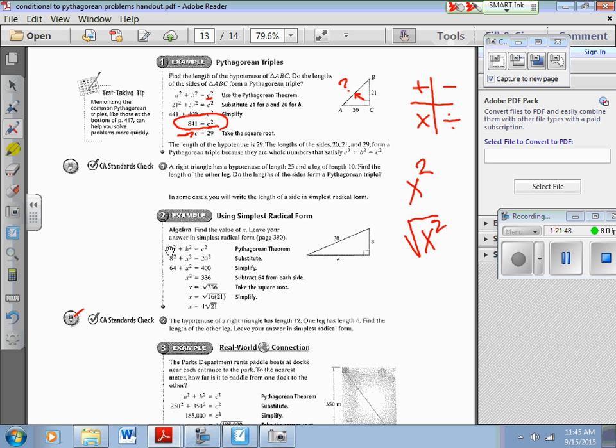Square root of squaring something cancels each other out, and you're just left with the term. So when you get x squared equal to something, you have to find the square root of both sides. Square root of x squared is x. Square root of 9 is 3. Okay?